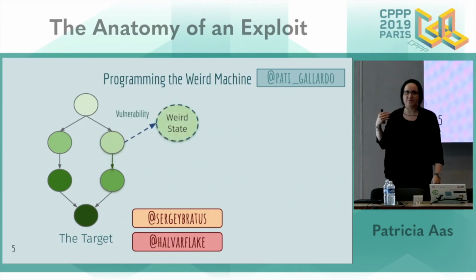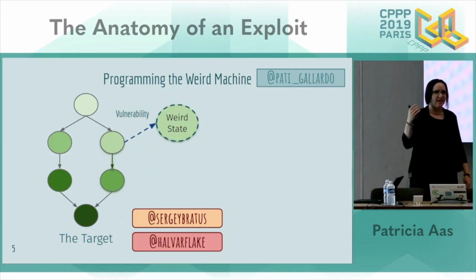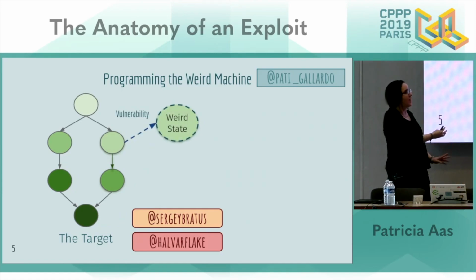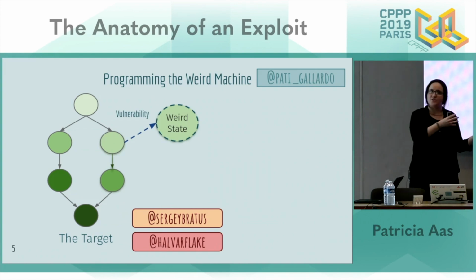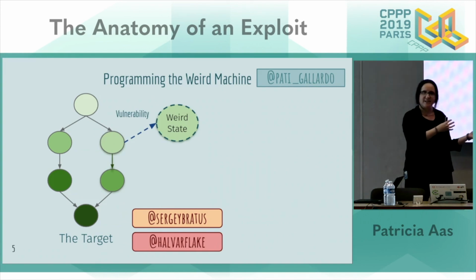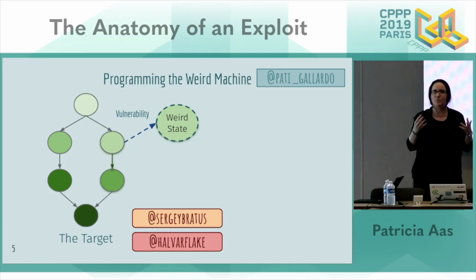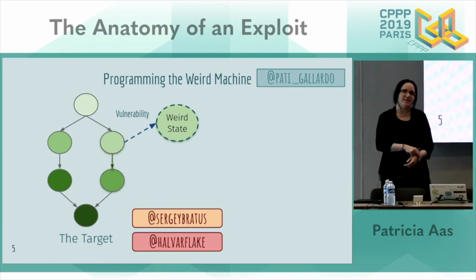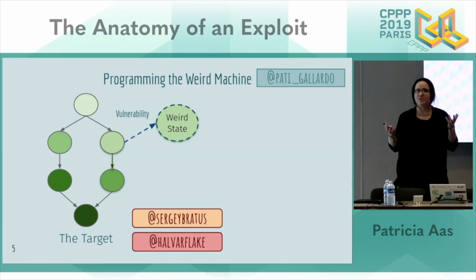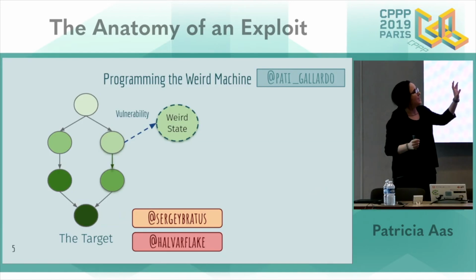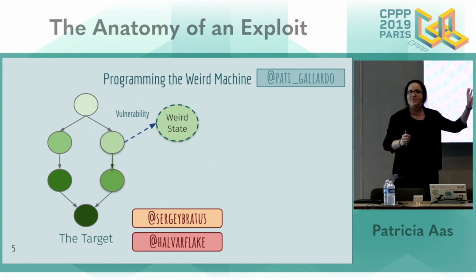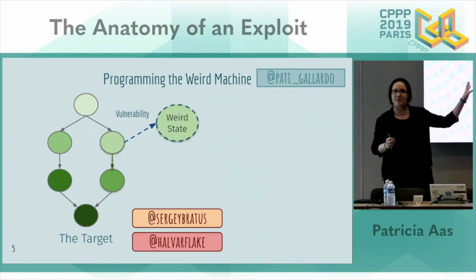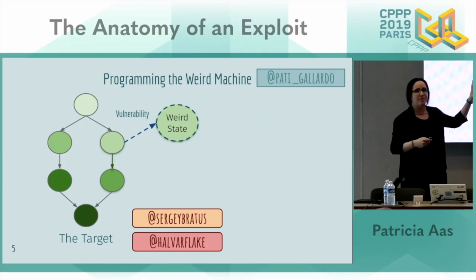So the idea is that if you have some kind of vulnerability that is triggered in the program, then you enter into an unintended state. And they call this unintended state a weird state. So in this weird state, you can maybe have memory corruption or some UB-triggered fanciness, so you're now in a state that was never actually intended by the programmer.